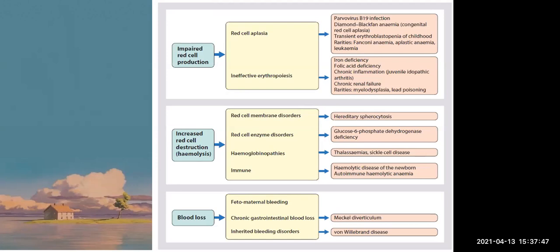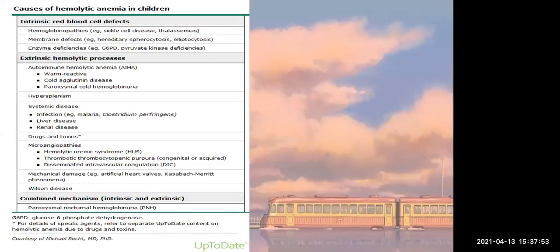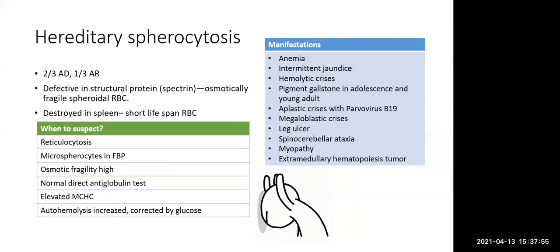Or the patient is having blood loss, for example chronic GI blood loss or inherited bleeding disorder. We know there are a lot of causes of anemia, so I will be focusing on certain ones.